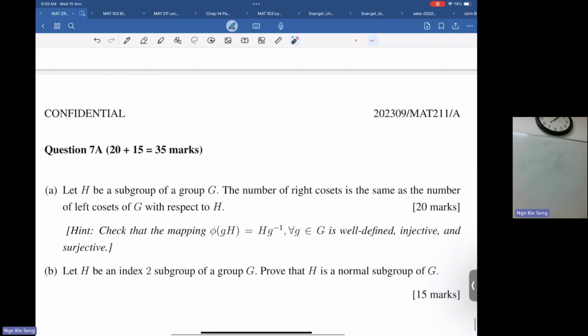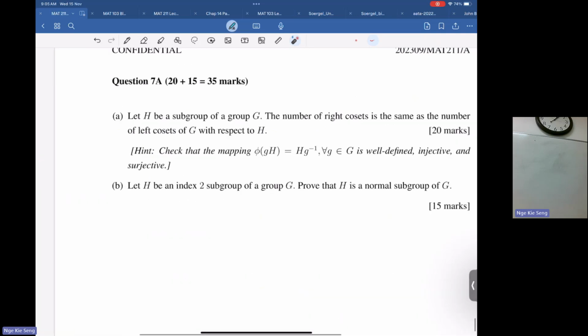So you need to know what is changing here. The thing changing is G, not H. H is already fixed in the question. What is changing is G. So what you need to consider is G1H, G2H, not GH1, GH2. You thought it's an element, but no. The element now is already a set, a coset.